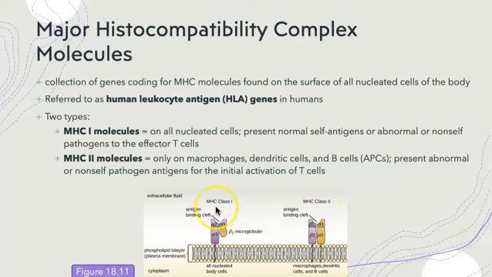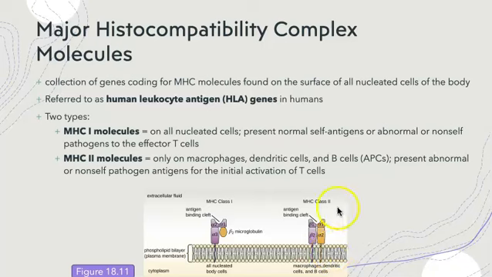And so on our class 1, we're able to display our normal self antigens, identifying them as our own body cells, but we're also able to put out here our non-self pathogen antigens to our effector T cells to let them know that our cell is abnormal or we've been infected with something like a virus.